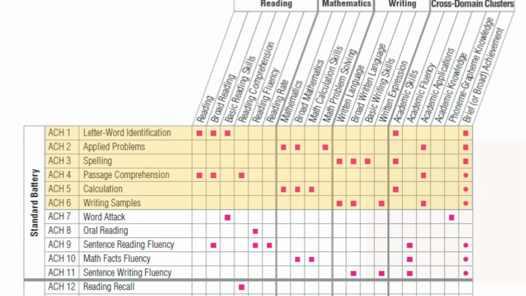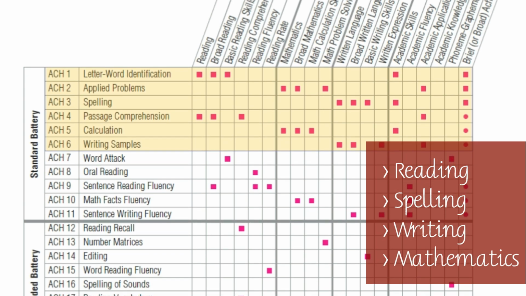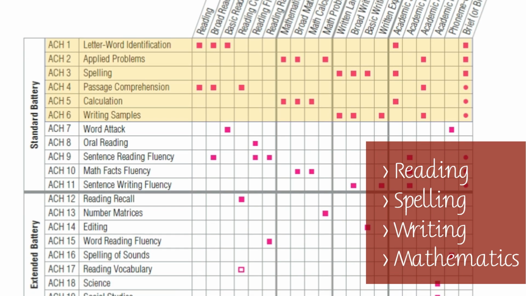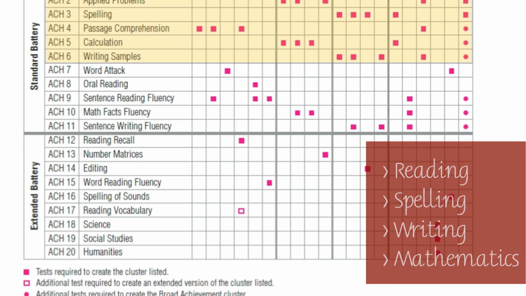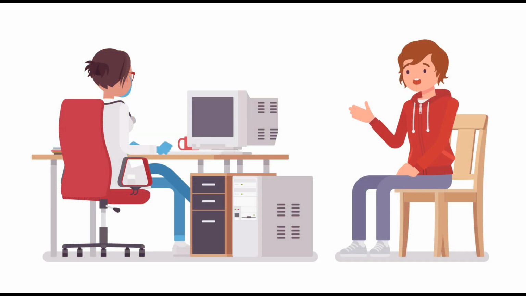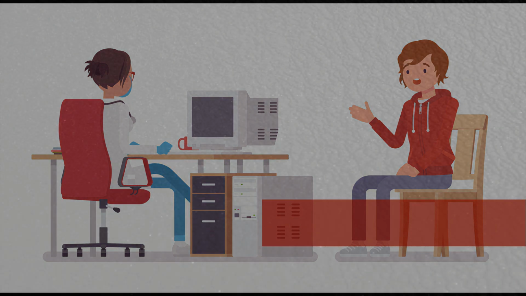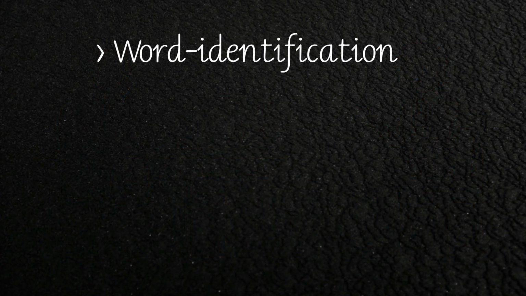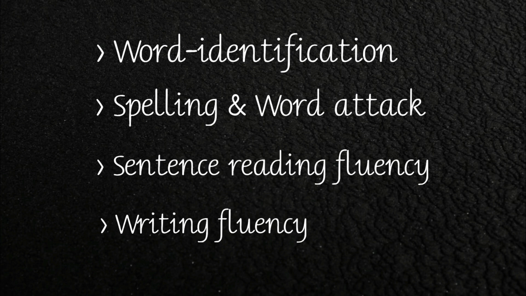The standard battery of the WJ4 has a total of 11 tests pertaining to reading, spelling, writing, and mathematics. The test results indicated that Seema had low or below average scores on several subtests such as word identification, spelling, word attack, sentence reading fluency, and writing fluency.